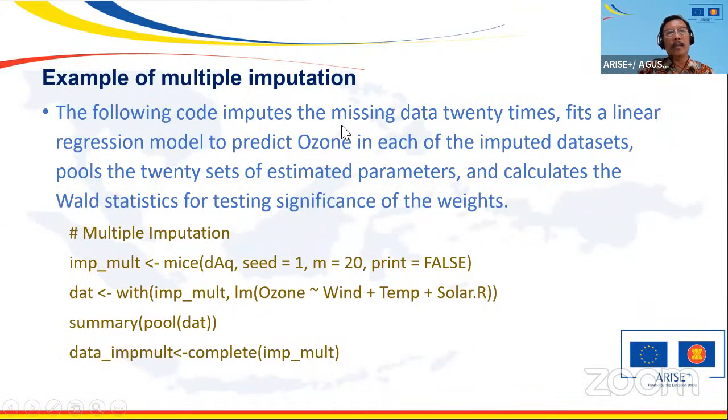This is the example of what? Multiple imputation, yeah. MICE, okay, it is MICE, right? And then you can ask for 20 data sets to be produced, 20 data sets to be produced before they come up with their choice, yeah?